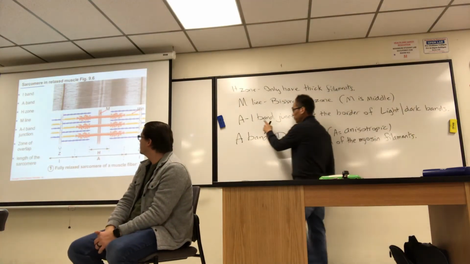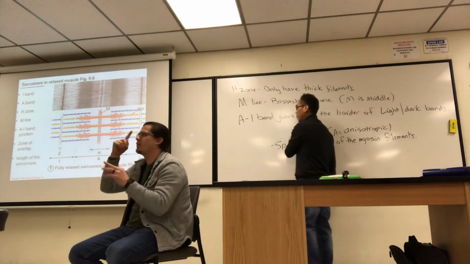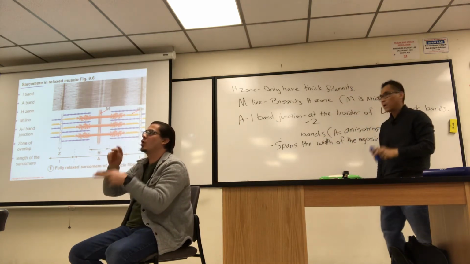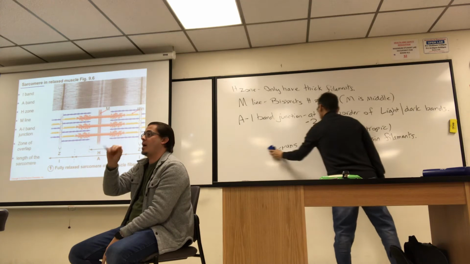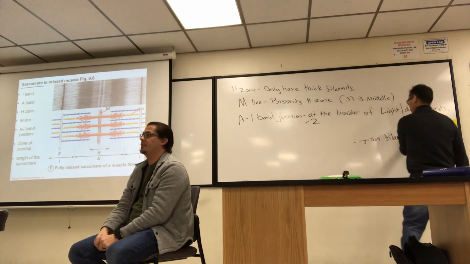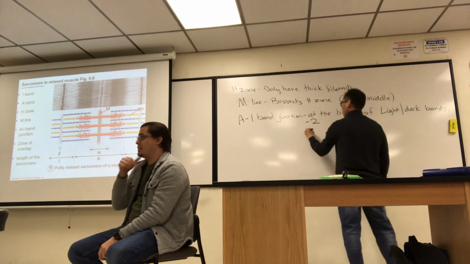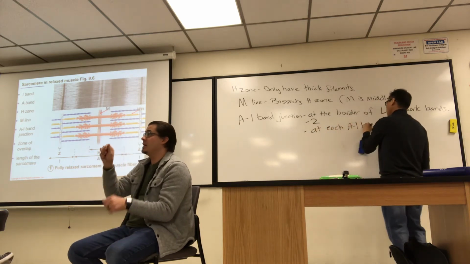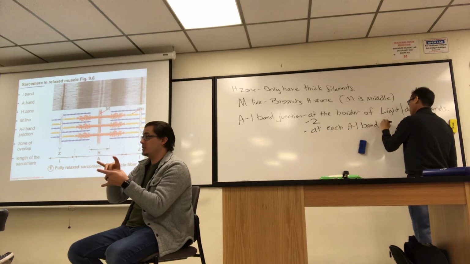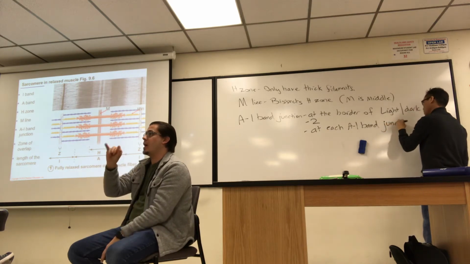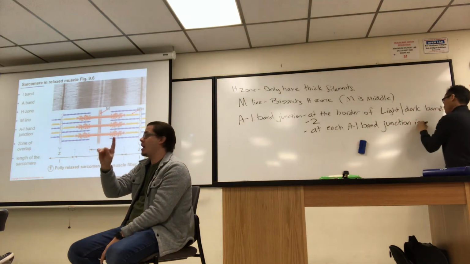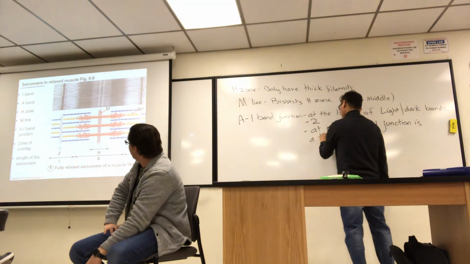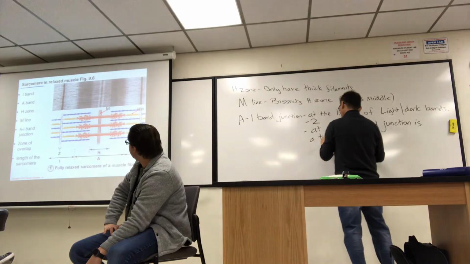Well, this is important for physiology. Usually what we see at the I-band junction is a structure called the triad. At each I-band junction is a triad structure.